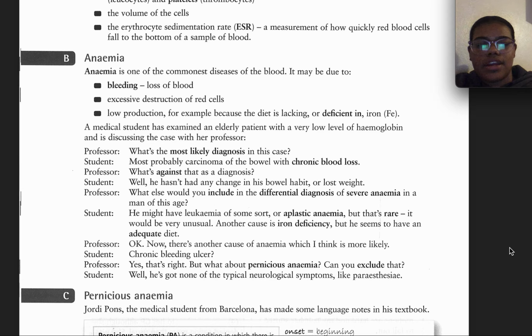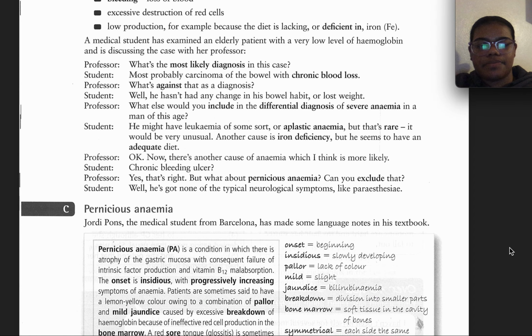Professor K. No, there's another cause of anemia which I think is more like a student chronic bleeding ulcer. Professor, yes, that's right. But one about pernicious anemia, can you include that? A student, well, he's got none of the typical neurological symptoms like parasitics.